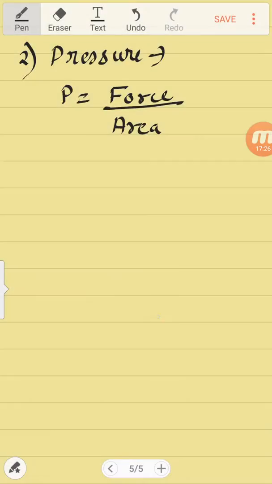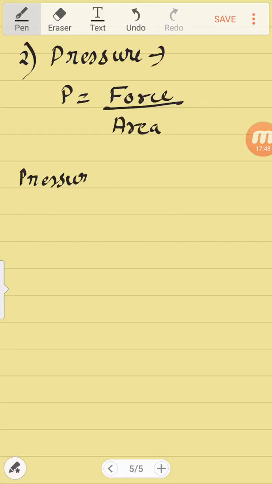Definitely they will ask you the definition of pressure. Like in IGCSE, they ask you for this 1 mark. So what will you write?